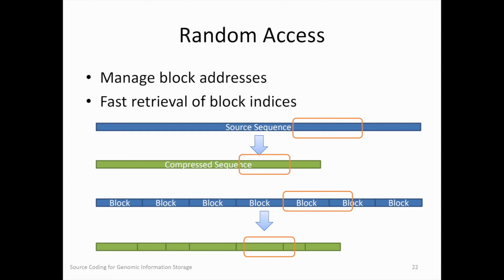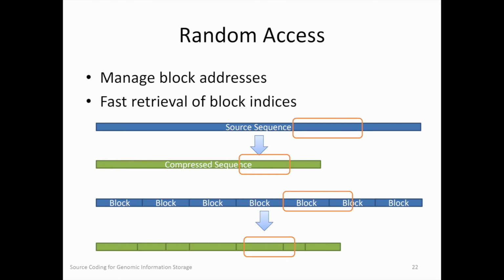Of course, we need to manage some auxiliary data. For example, we need to know where the compressed blocks are, because every compressed block has a variable length. And also, since we use run length compression, we only know the runs of the sequences. We don't know which locations they actually correspond to.